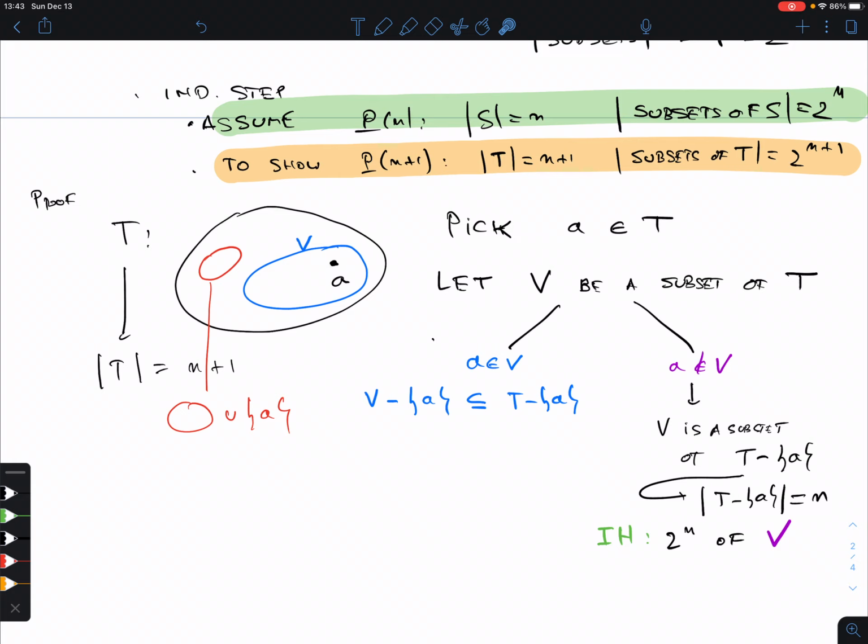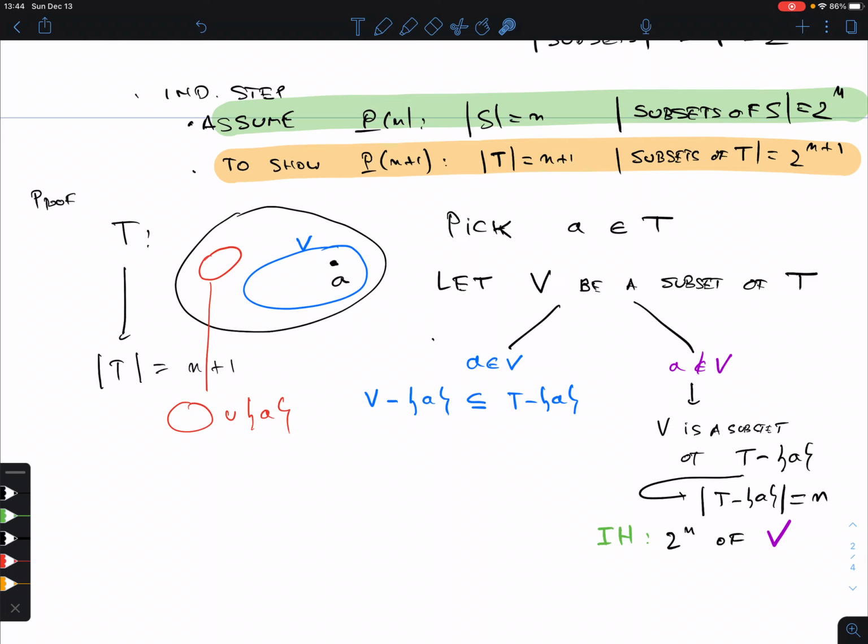So my claim is that if I look at the subsets containing A, if I want to count them, there are exactly as many as there are subsets V minus A contained in T minus A. Now, how many are there in T minus A? I can repeat the same argument. I know exactly how many there are, namely 2^n. Every red subset can be made into a subset containing A by adding it, and when I remove it again, I get the original subset.